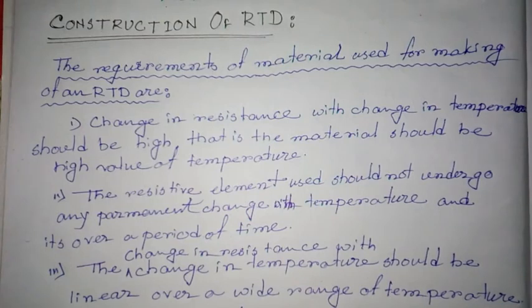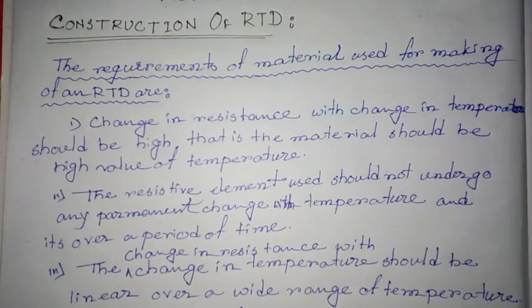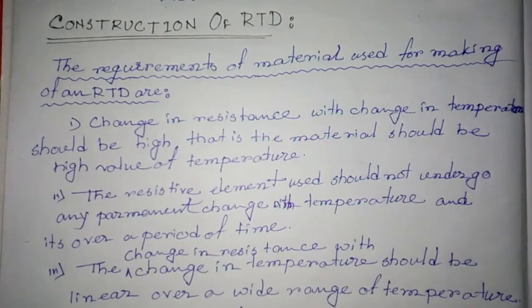Construction of RTD. The requirements of the material used for making an RTD are: the change in resistance with change in temperature should be high. The resistive element used should not undergo any permanent change with temperature over a period of time.